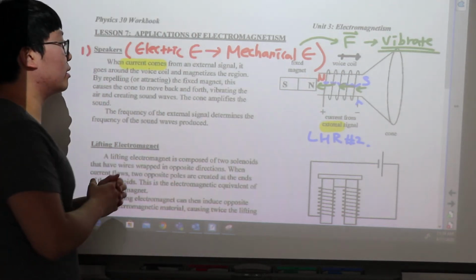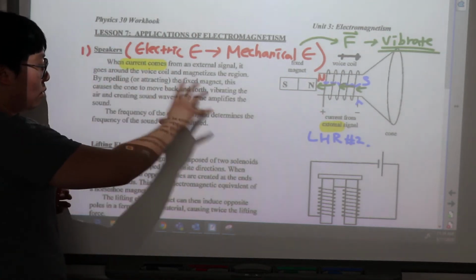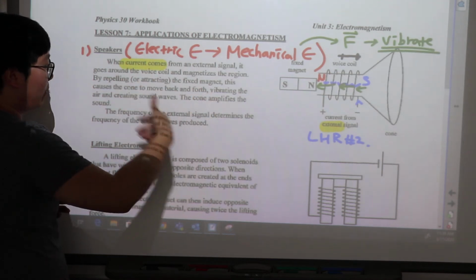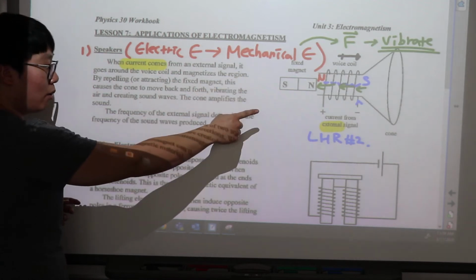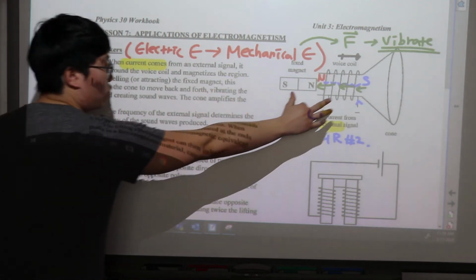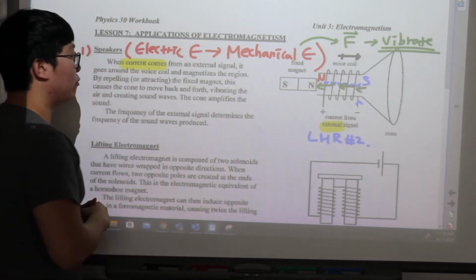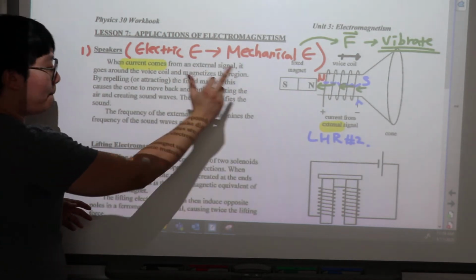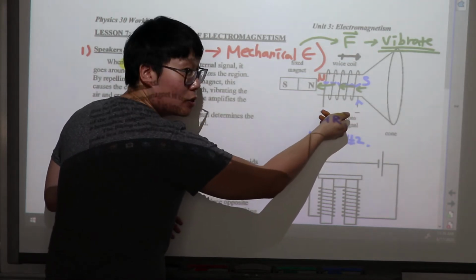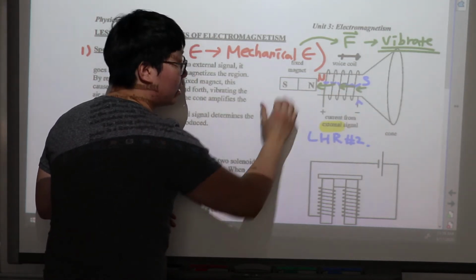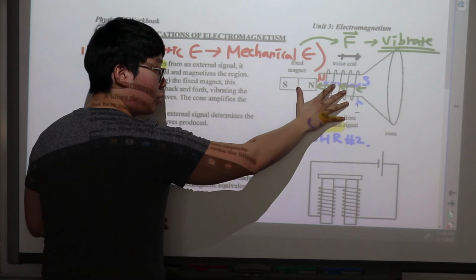AC represents alternating current. So let's go through that concept one by one. First things first, the current comes from the external signal. It goes around the coil and magnetizes this region, which I mentioned, left hand rule number 2. And by repelling, and I can technically change into positive and negative using alternating current, it can attract each other too. Right now it's repelling.